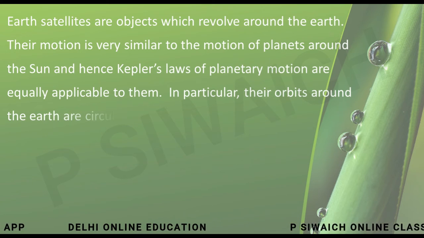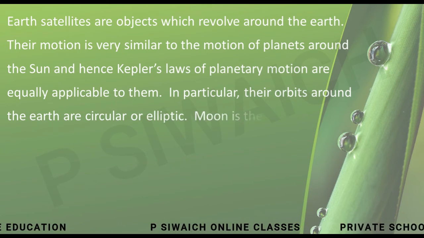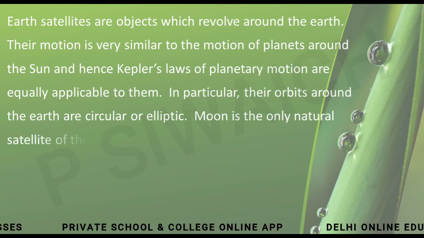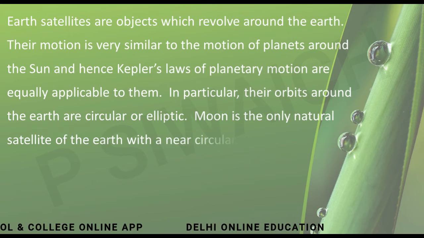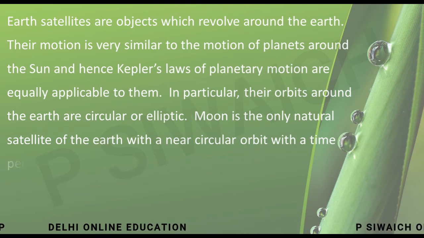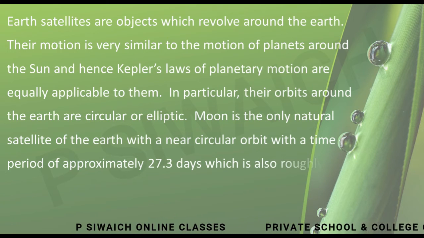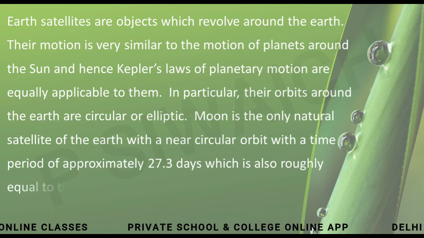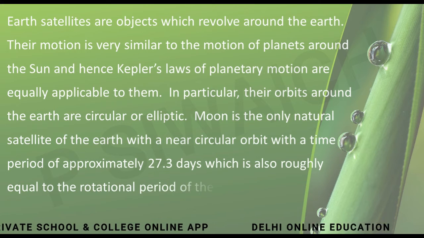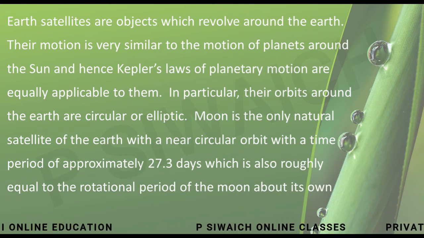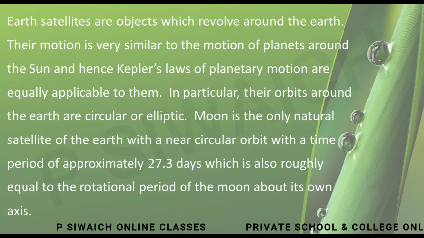In particular, their orbits around the Earth are circular or elliptic. The Moon is the only natural satellite of the Earth, with a near circular orbit with a time period of approximately 27.3 days, which is roughly equal to the rotational period of the Moon about its own axis.